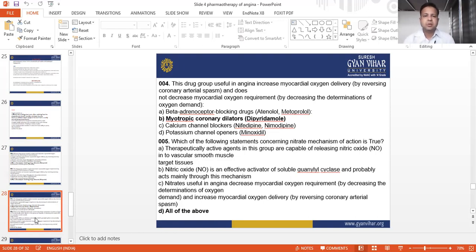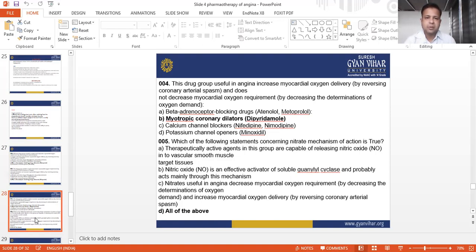This drug group, useful in angina, increases myocardial oxygen delivery by reversing coronary artery spasm and does not decrease myocardial oxygen requirement by decreasing the determinants of oxygen demand. Options are A, beta adrenoceptor blocking drugs such as atenolol and metoprolol.